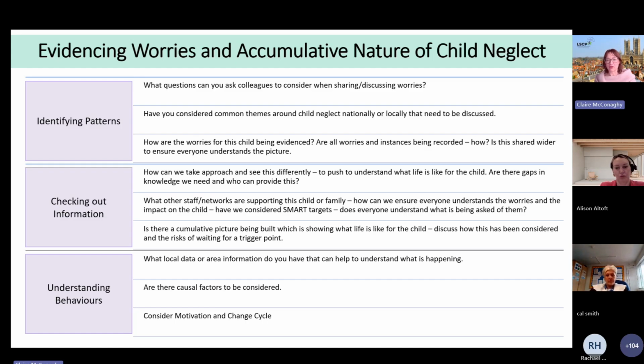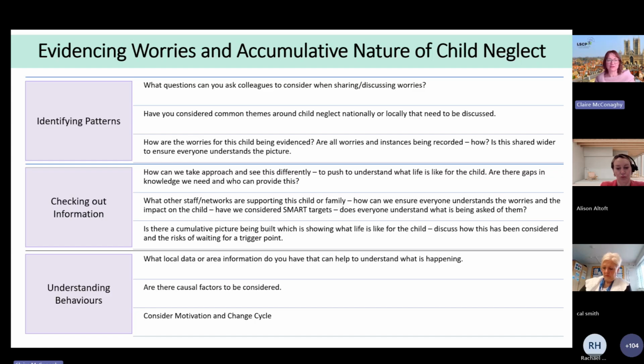This is an opportunity to encourage you all to identify and think about those patterns and check out information, encourage further reflection, and really plan ahead for what we need to understand around behaviours when we're thinking about child neglect. So we've identified 3 main areas of reflective questions.